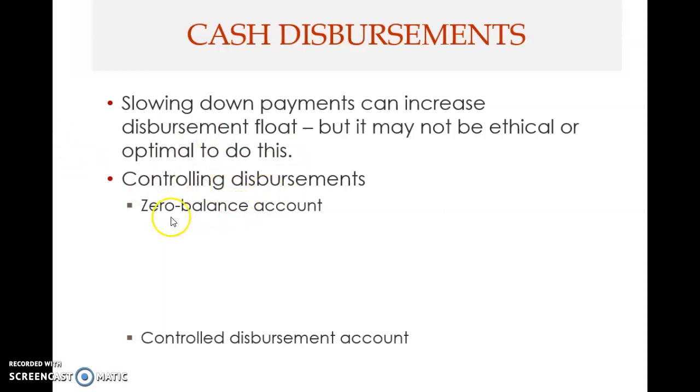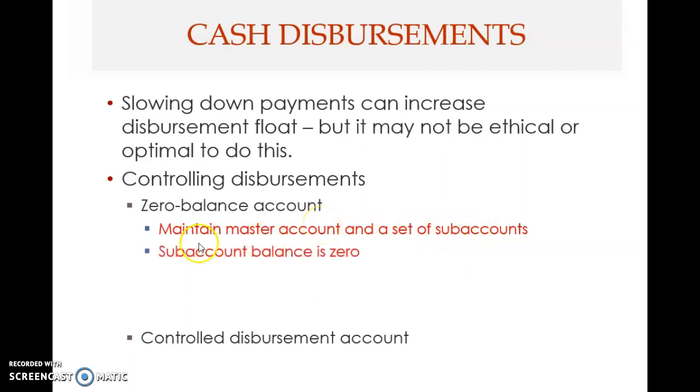One is called the zero balance account. So how does this work? In Malaysia too, we have similar arrangements. The banks can arrange something for you, especially for large companies, because these services are costly. First, a zero balance account will have a master account and a set of sub-accounts.